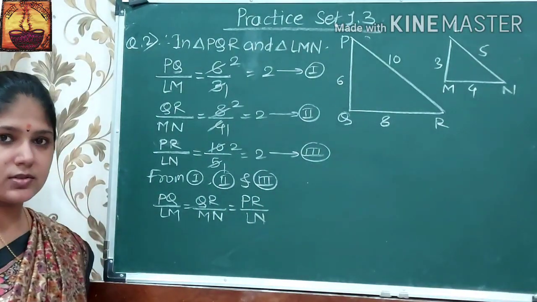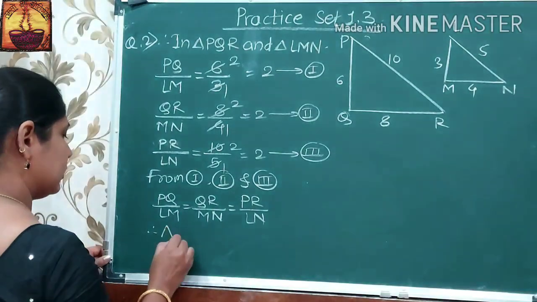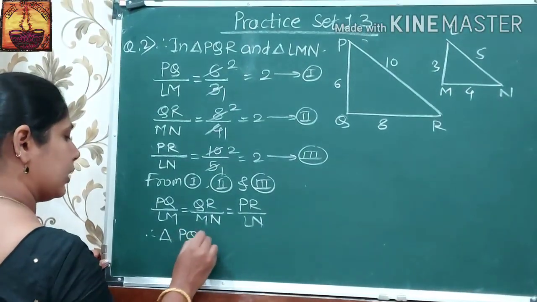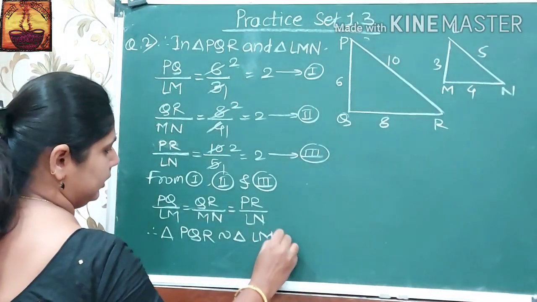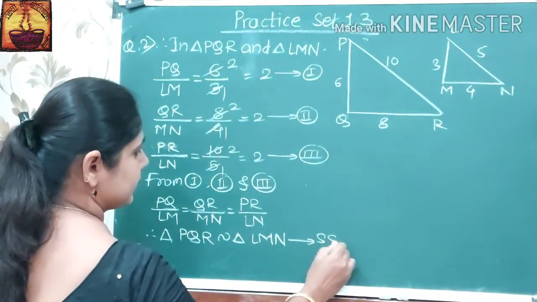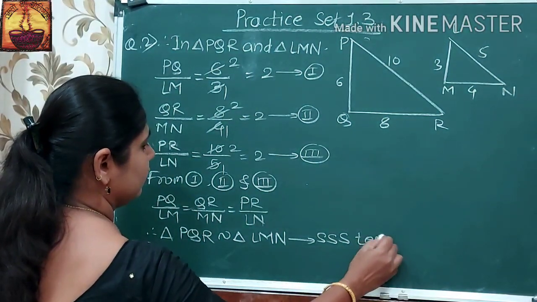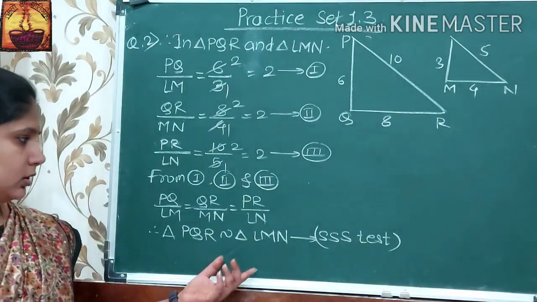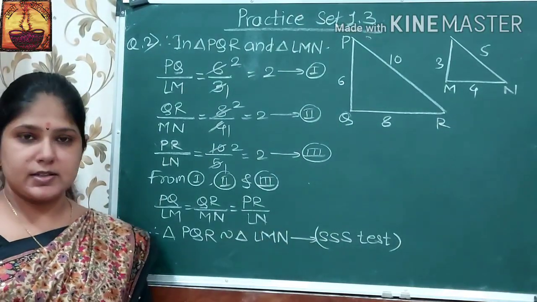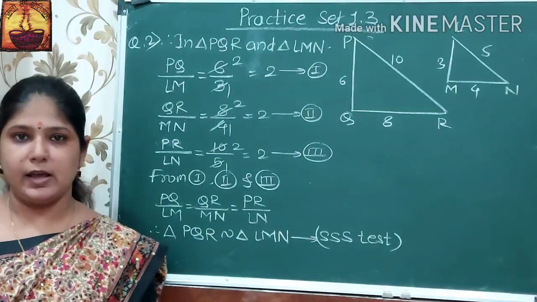By which test of similarity? Therefore triangle PQR is similar to triangle LMN by SSS test of similarity.